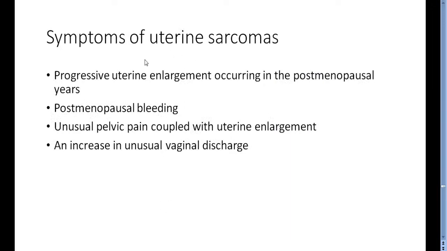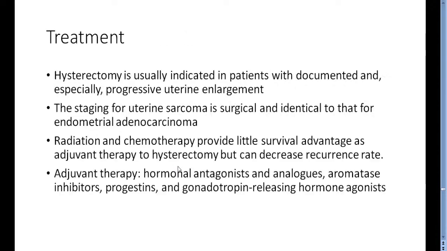Symptoms of uterine sarcomas: progressive uterine enlargement occurring in the postmenopausal years, postmenopausal bleeding again, unusual pelvic pain coupled with the uterine enlargement, and increase of unusual vaginal discharge. Treatment for uterine sarcomas, leiomyosarcomas, usually indicated in patients with documented and especially progressive uterine enlargement.